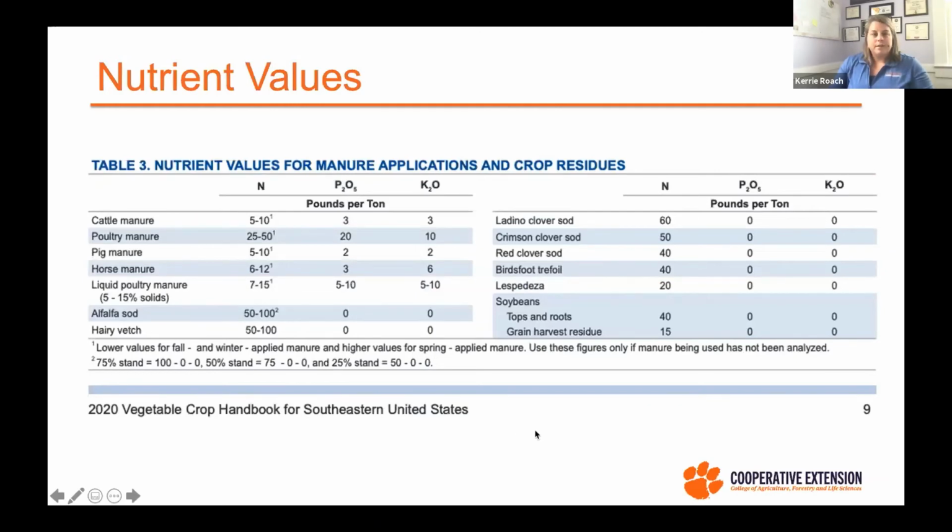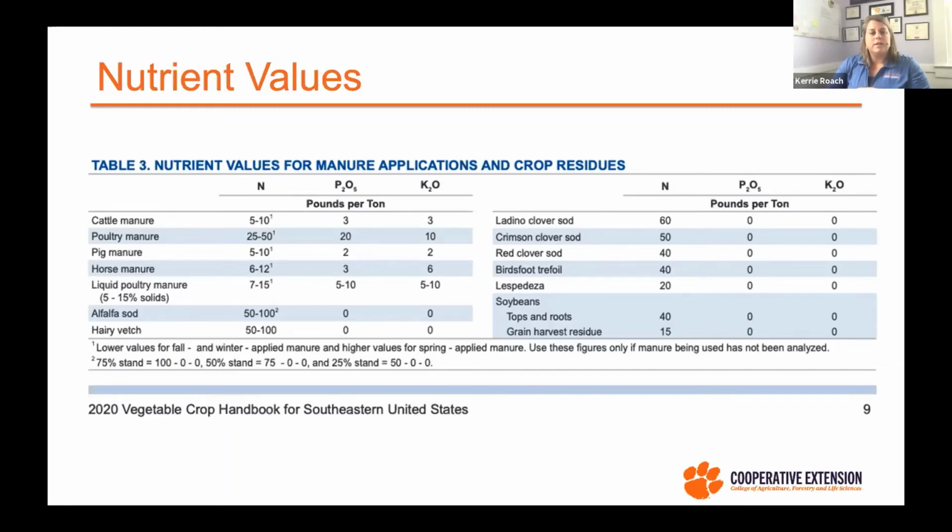Some of the nutrient values for manure applications and crop residues. So this is a really good kind of cheat sheet that's a part of that Vegetable Crop Handbook to give you a base idea, a generic idea, if you are using things like poultry manure, or alfalfa sod, or hairy vetch, or crimson clover sod, things that you might be using as a cover crop or a manure application to provide nutrients to your final crop.